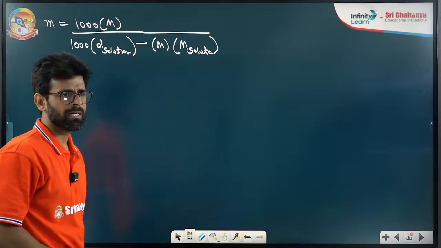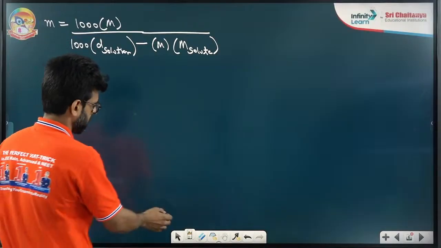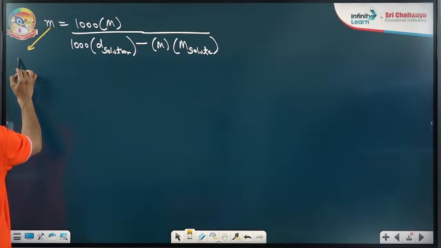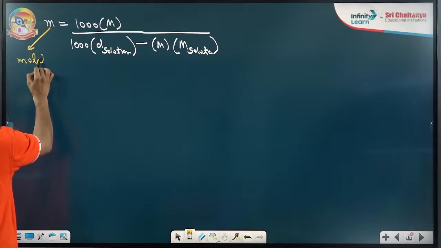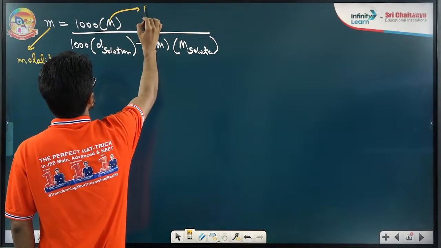This is the density of solution. This is a short formula. You can save some of your time using the shortcut directly, right? I'm saying once again, small m represents molality, and the capital M shows the molarity.